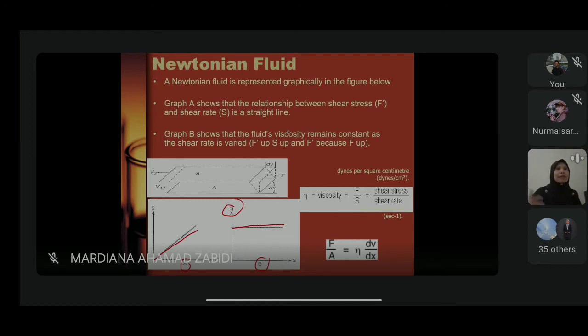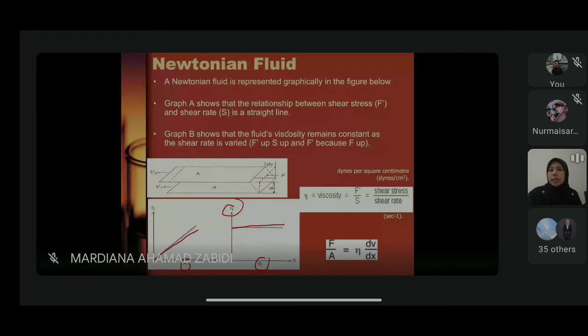Okay, but then if let's say you cool down, you put into the chiller pun dalam peti sejuk, whereby you cool down the water before it becomes ice, if you stir pun, there will be no changes in terms of the viscosity. So water is a good example for Newtonian fluid, whereby regardless of the time, regardless of the temperature, regardless of the rate, the speed of the rotation that you give, there will be no changes in terms of the viscosity for that particular liquid. Alright.